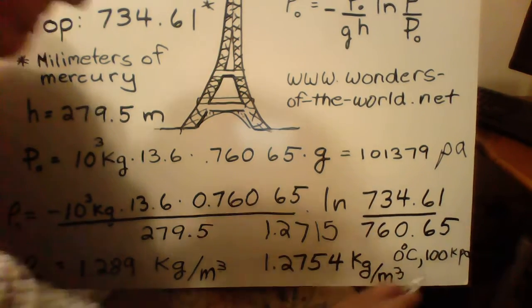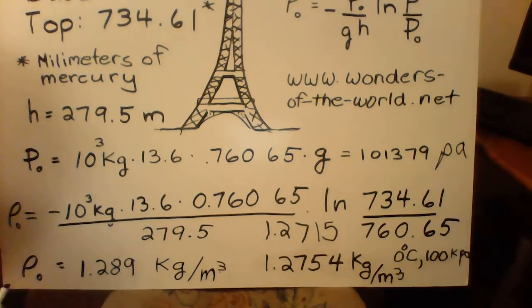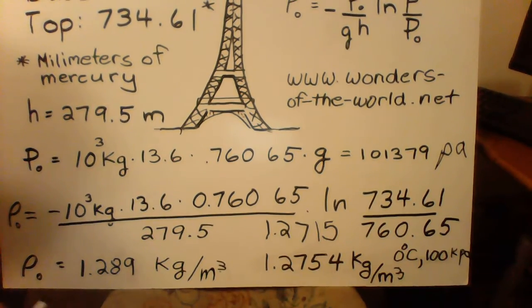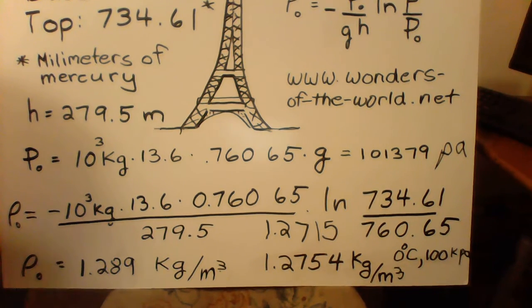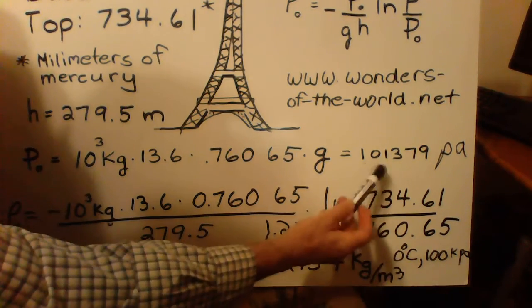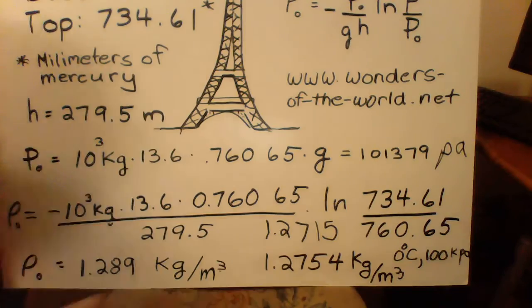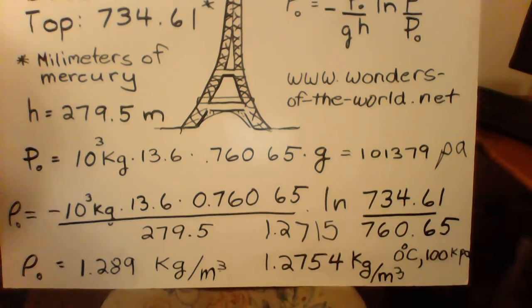The point being this, that the standard measure of that by the powers that be is about 1.2754 kilograms per meter cubed. But that is at 100 kilopascals, and we are actually measuring it at 101.379 kilopascals.